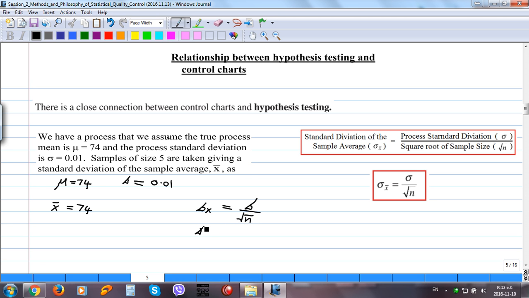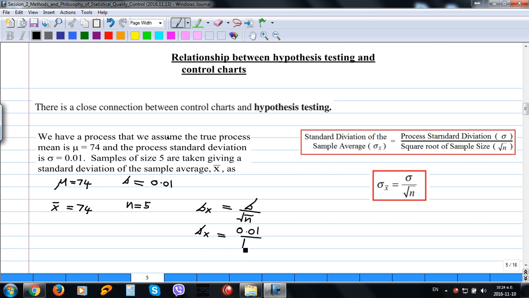The value of sigma is given, 0.01, divided by root n, where n equals 5, so root 5.